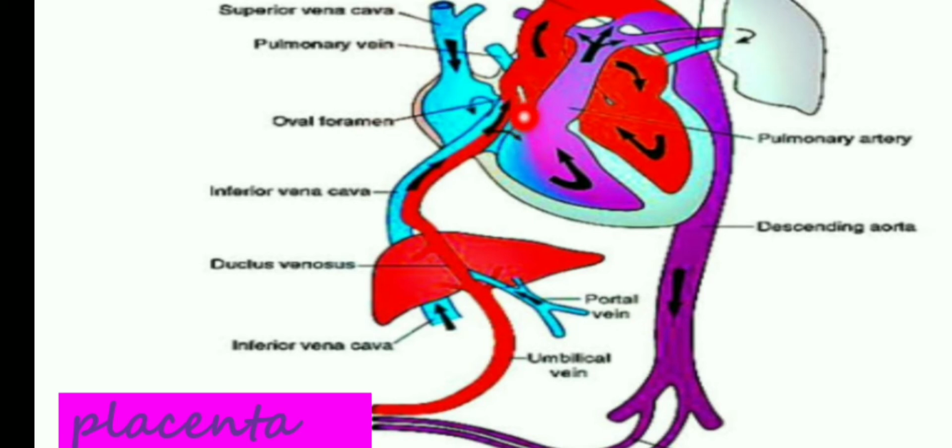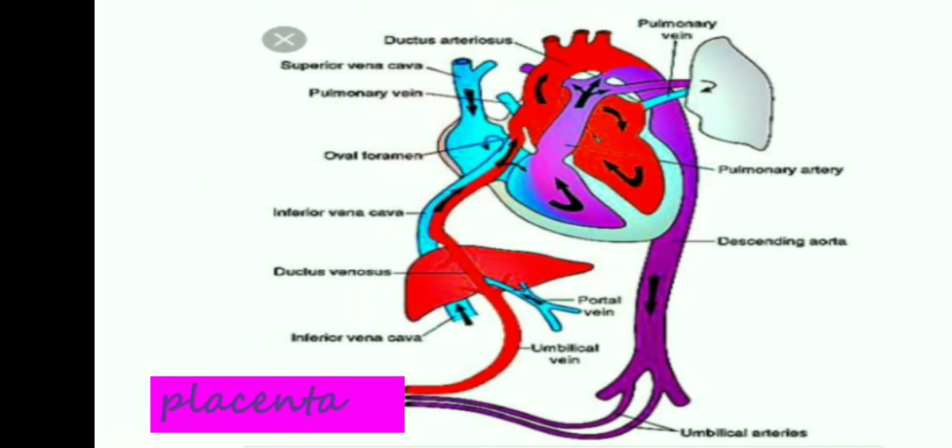From the right atrium, 70% oxygenated blood, about one third of the inferior vena cava flow, returns to the left atrium through the foramen ovale. Between the right atrium and left atrium there is a layer, called the foramen ovale.